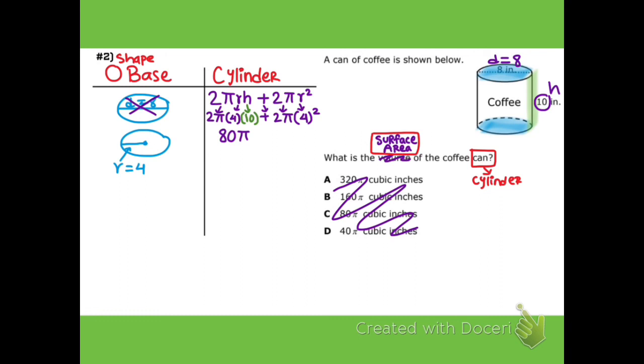And then the next part, well, we have 4 squared, which is 16, and then times the 2 gives you 32, but don't do anything to the pi because we want it in terms of pi, so that gives you plus 32 pi, and then when we add those together, it just gives you 112 pi, and since this is surface area, it's inches squared or squared inches, okay?